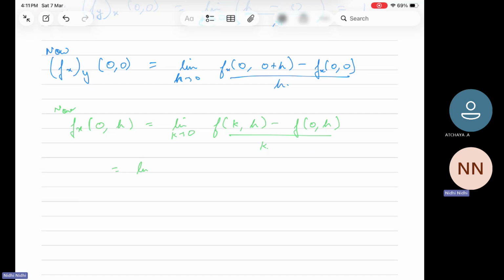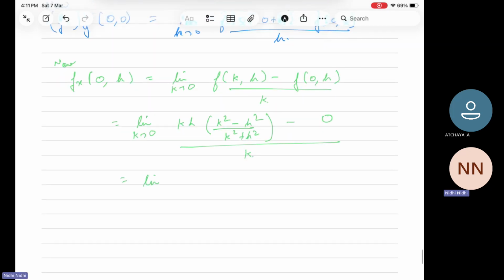So this is equal to limit k tending to 0. By definition, f(k, h) is equal to kh (k square minus h square) upon (k square plus h square), minus 0, upon k.